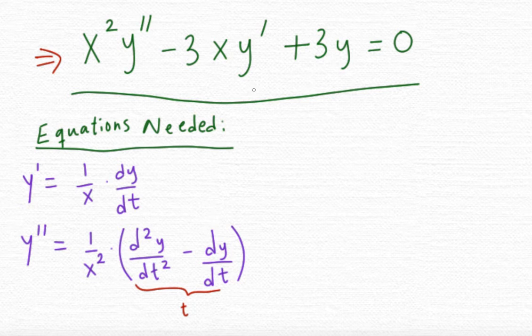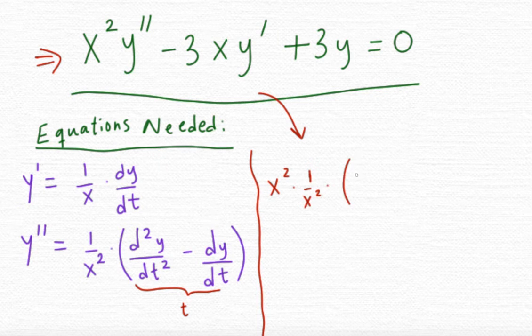So then we have our differential equation, x squared times y double prime becomes 1 over x squared times y double prime, keeping track that it's in the t domain. And that minus y prime.